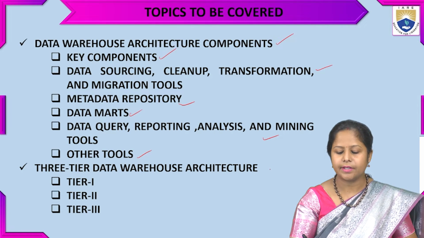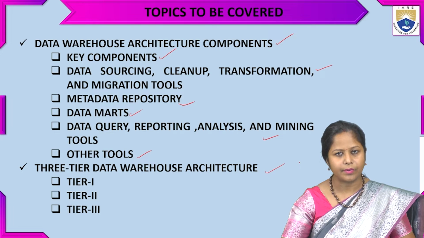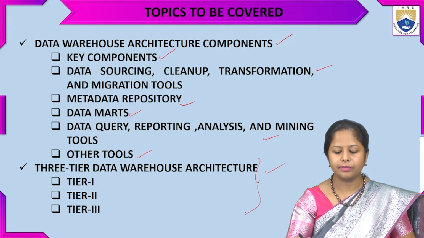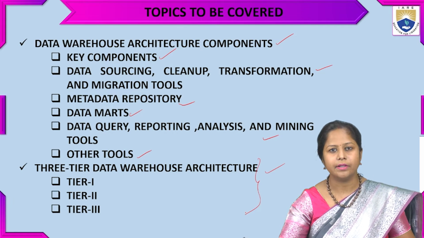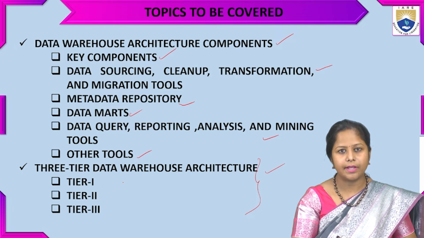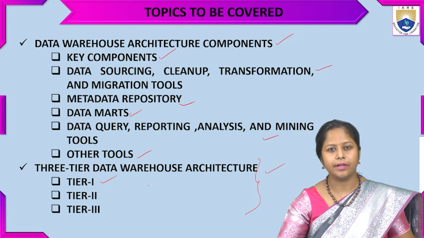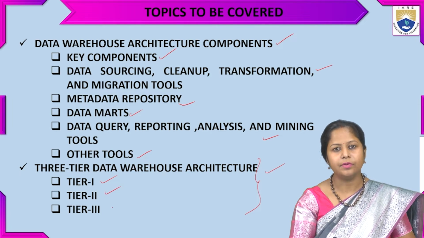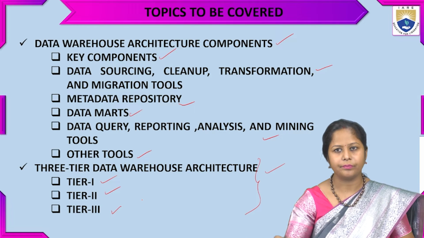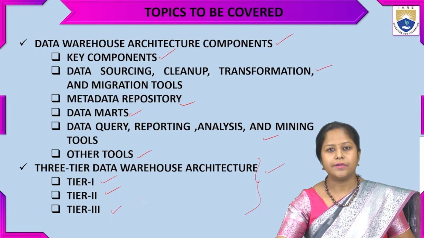Next is the three-tier data warehouse architecture. What is the whole architecture of the data warehouse? We'll cover that. It has been divided into three parts: tier 1, tier 2, and tier 3. So let's start.